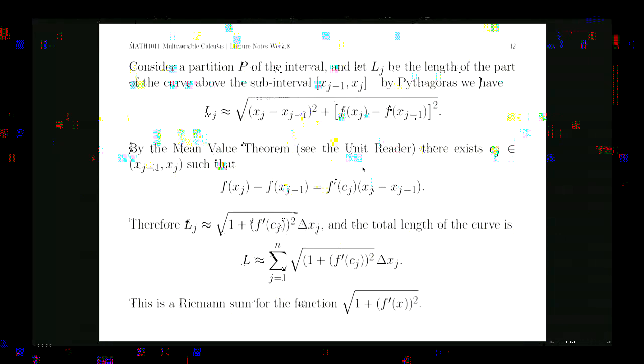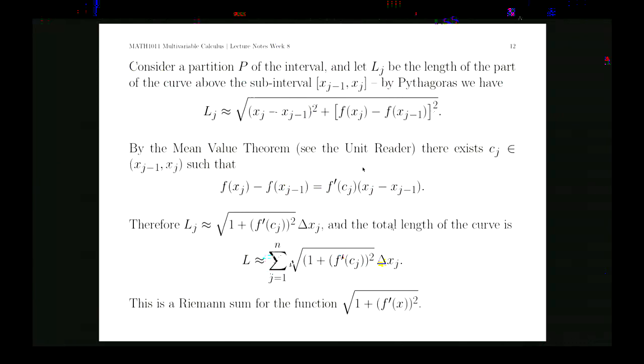Now, there's a theorem from the unary called the mean value theorem. This is actually very straightforward if you draw a diagram. The mean value theorem basically says this, a very simple idea.